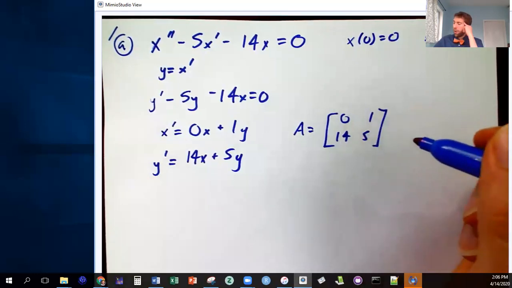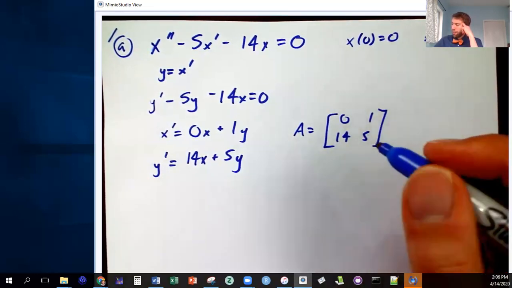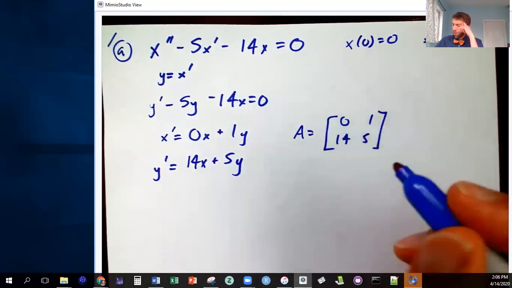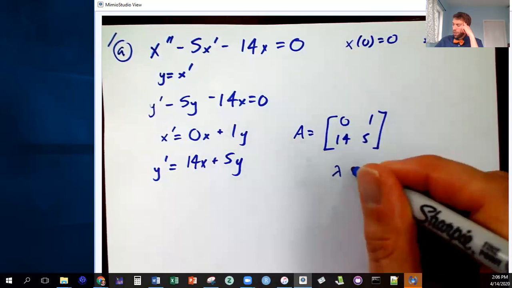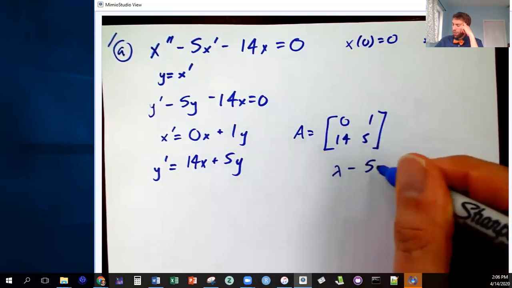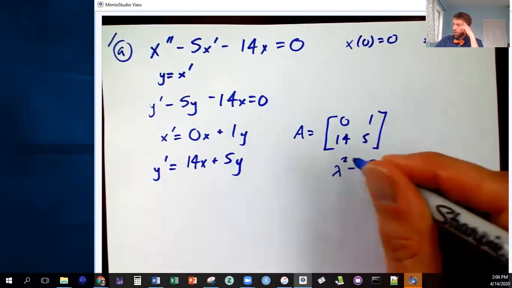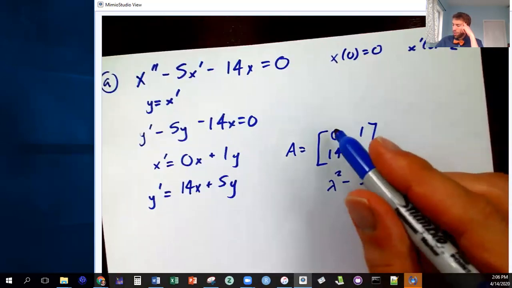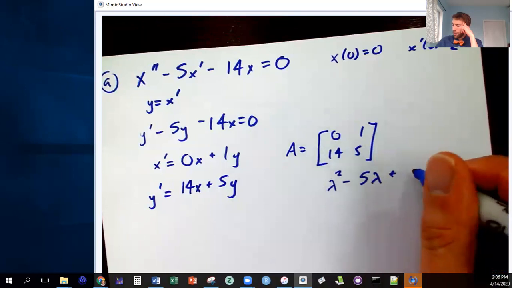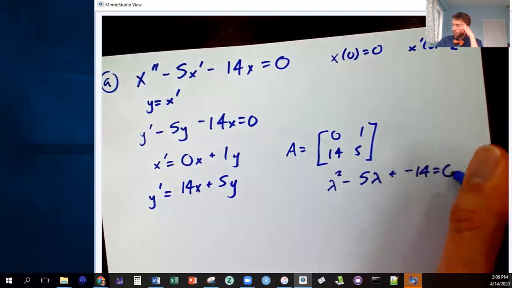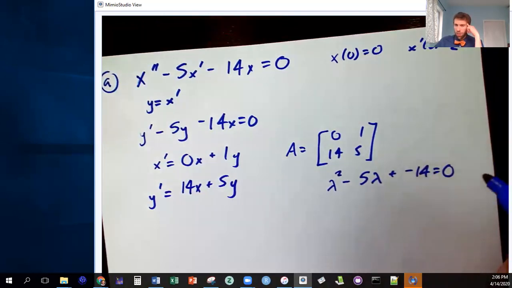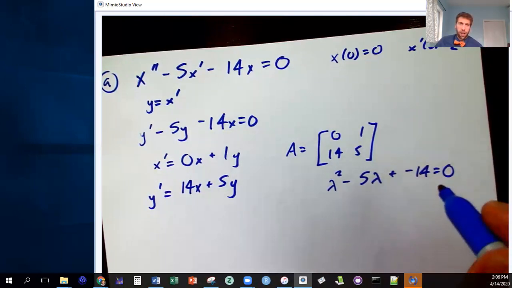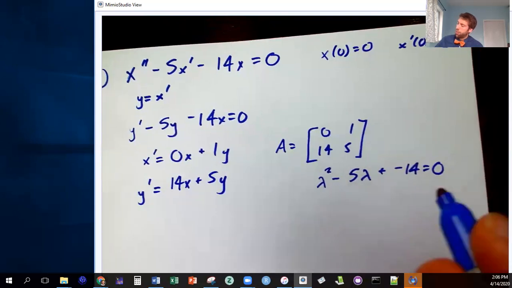And that means that for my eigenvalues, the trace is 5, the determinant is 0 minus 14. So lambda squared minus the trace times lambda plus the determinant, which is negative 14, equals 0. Two factors of negative 14 that add up to negative 5 would be negative 7 and positive 2.